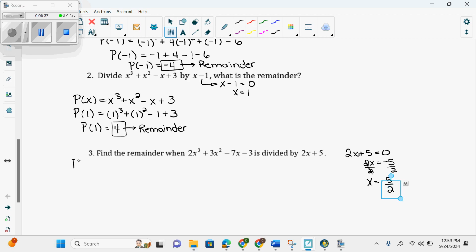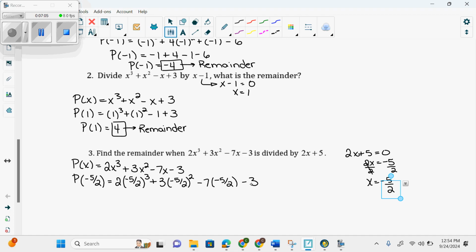So we're going to do p of x equals 2x cubed plus 3x squared minus 7x minus 3. So we're going to do p of -5/2 equals 2 times -5/2 cubed plus 3 times -5/2 squared minus 7 times -5/2 minus 3, and I believe it equals 2.